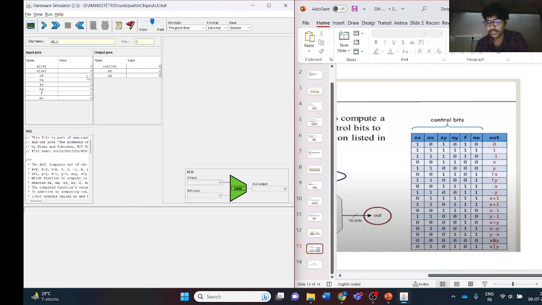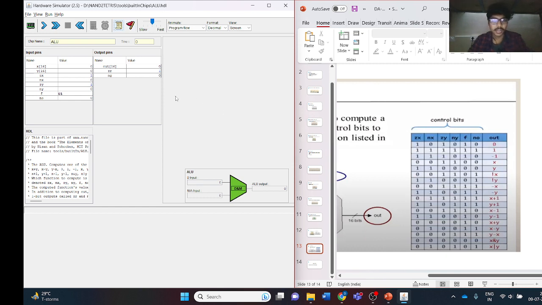First, we'll do the first three examples. Here zx is 1 and nx is 0, zy is 1, ny is 0, and f is 1. Give the inputs x and y as 0, 0.